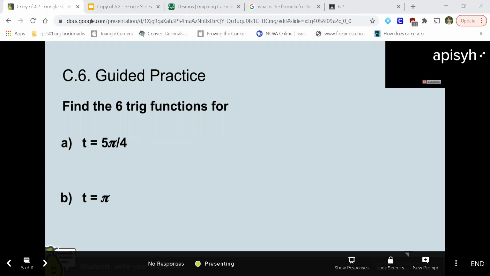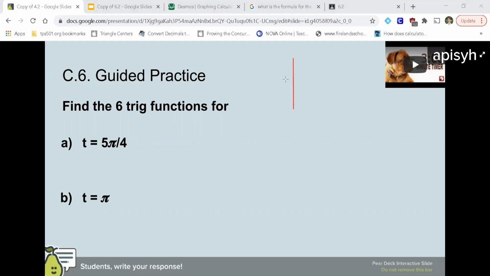Okay, so let's go over this. Hopefully for 5 pi over 4, you found that's this angle right here on the unit circle, which corresponds to the point negative square root of 2 over 2, negative square root of 2 over 2.